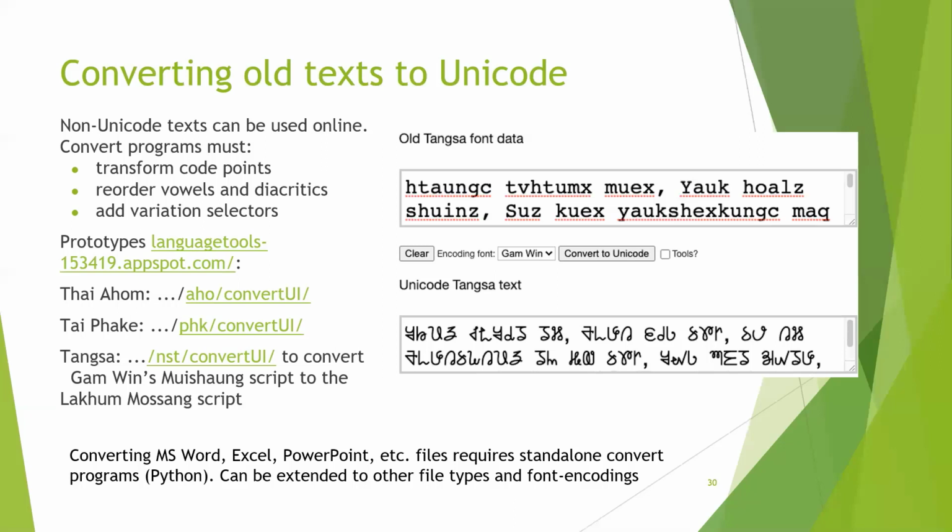The converter programs have several things to do. They have to transform individual code points to the Unicode values. They often have to reorder the vowels and diacritics, which without that, very often people get the dotted forms showing that the diacritics aren't in quite the right order as expected by Unicode.